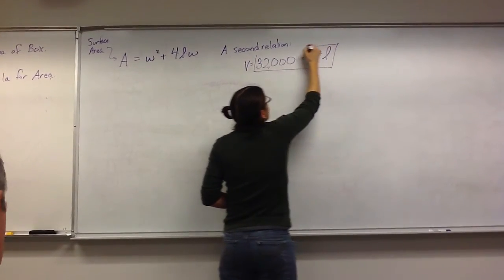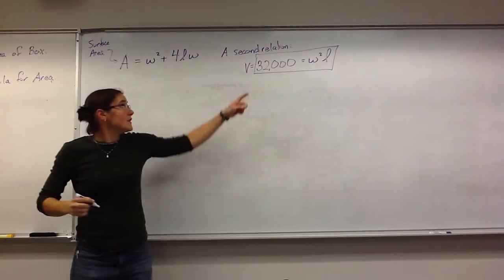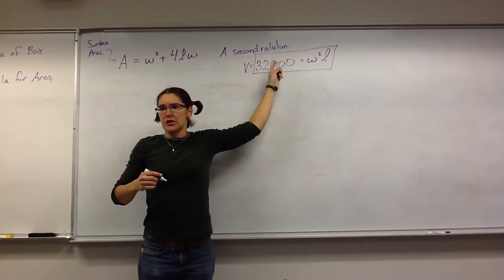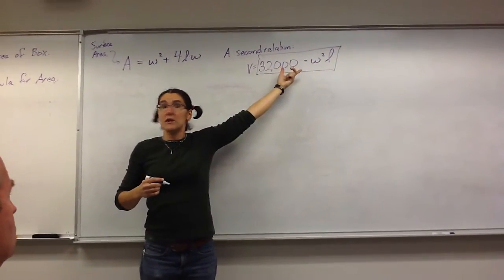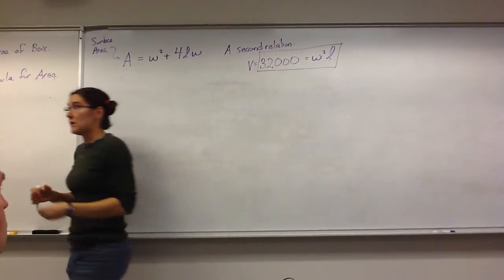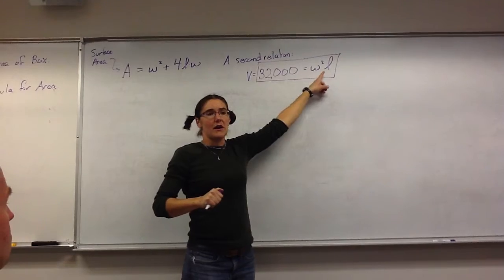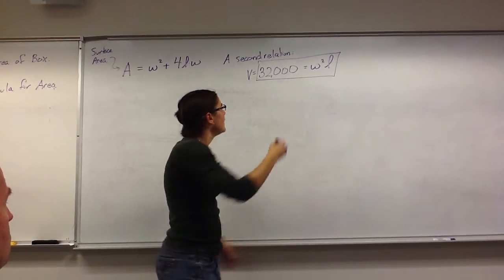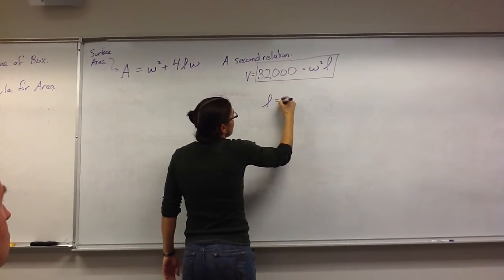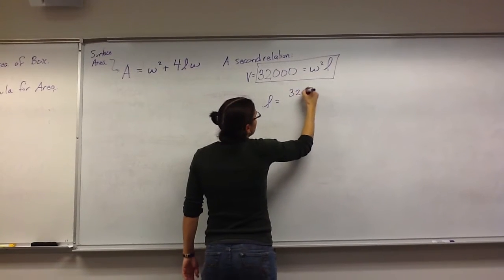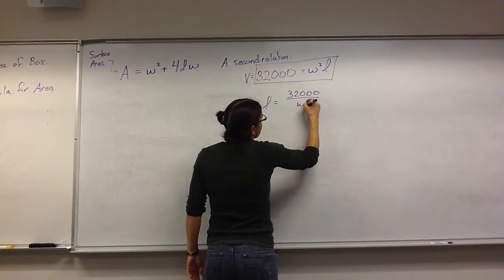It relates W and L, and their connection is equal to some number. We can take this equation and solve for one of the variables. In this case, I would recommend that we solve for L since W is squared in here. So L is equal to 32,000 over W squared.